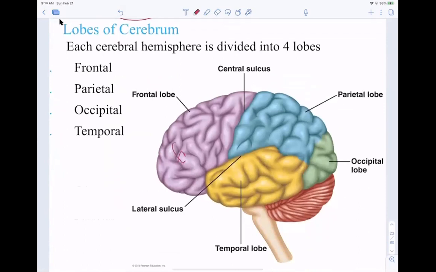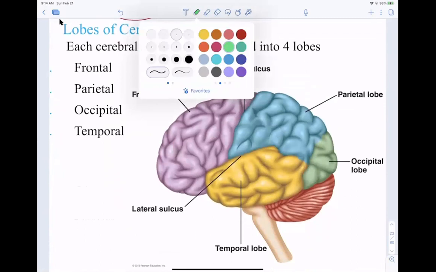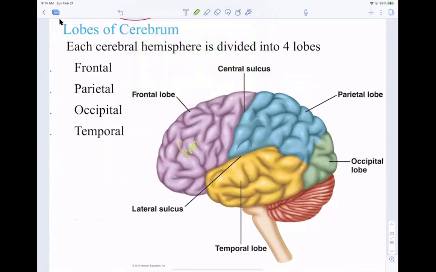Lobes, right? You have frontal, parietal, temporal, occipital, and I know the names are there.